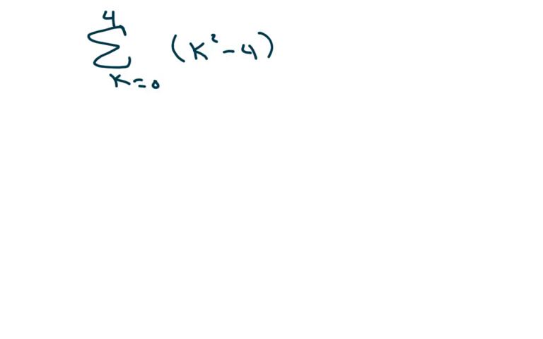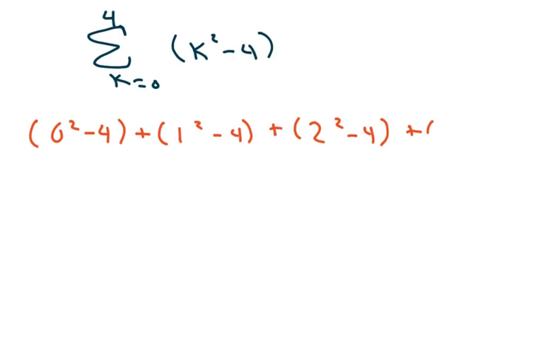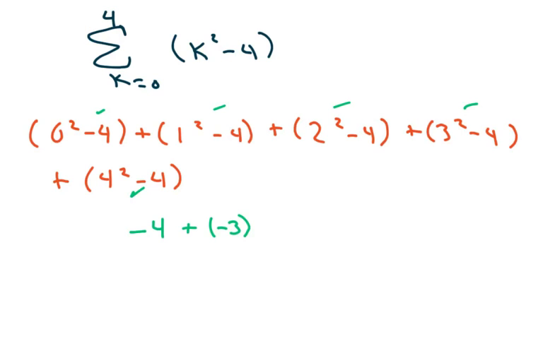So you're going to get 0 squared minus 4 plus 1 squared minus 4 plus 2 squared minus 4 plus 3 squared minus 4 plus 4 squared minus 4. So if you look at this, it says 1, 2, 3, 4, 5 terms. That gives you negative 4 plus negative 3 plus 0 plus 5 plus 12, and that equals 10.